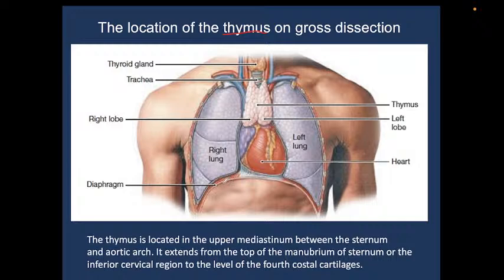Usually, thymus is a bilobed organ. It means it has two lobes, right and left.